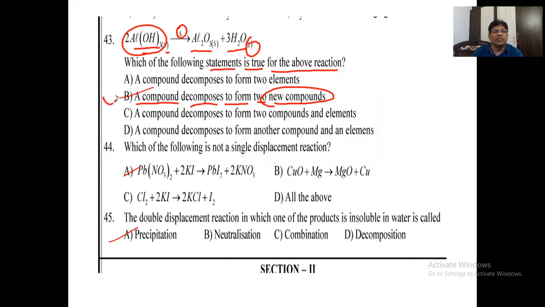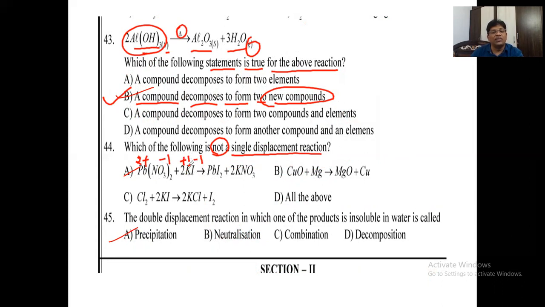This process is happening. Next, which of the following is not a single displacement reaction? Not single means what? Double displacement. So in this case, what is happening? Pb2+ ion, NO3- ion, K+ ion and I- ion.